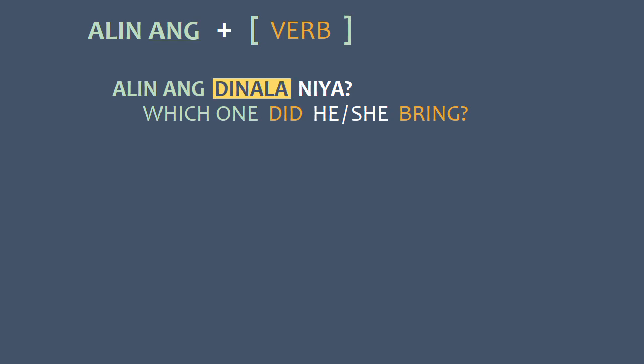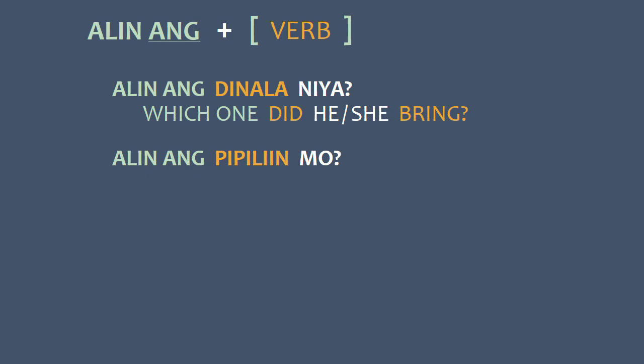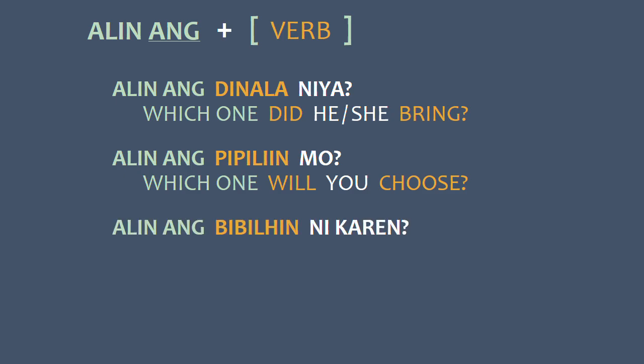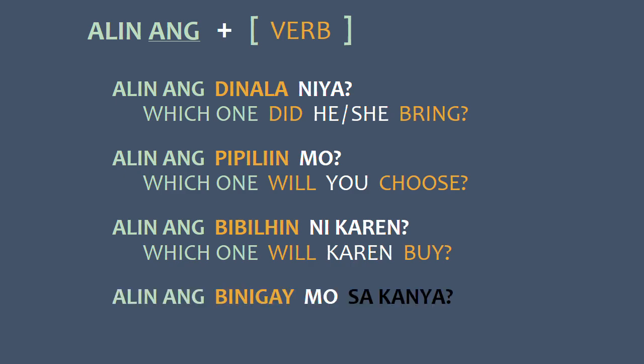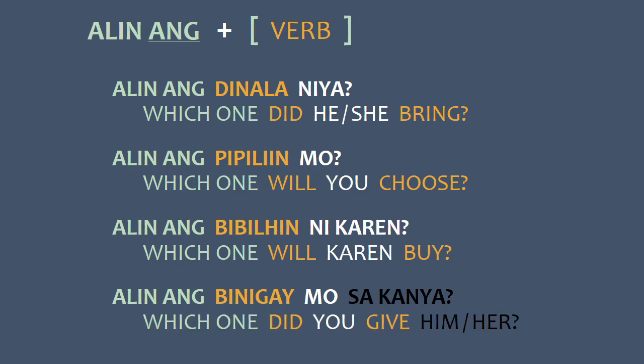The verb goes before the actor. Isa pang halimbawa, alin ang pipiliin mo? Which one will you choose? Alin ang bibilhin ni Karen? Which one will Karen buy? Alin ang binigay mo sa kanya? Which one did you give him or her?